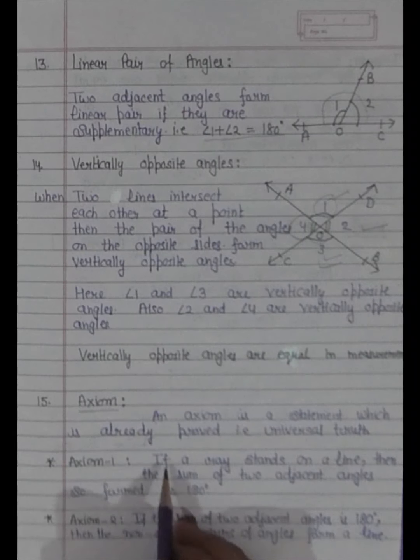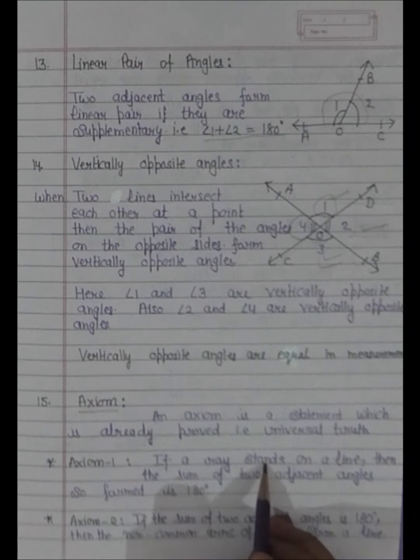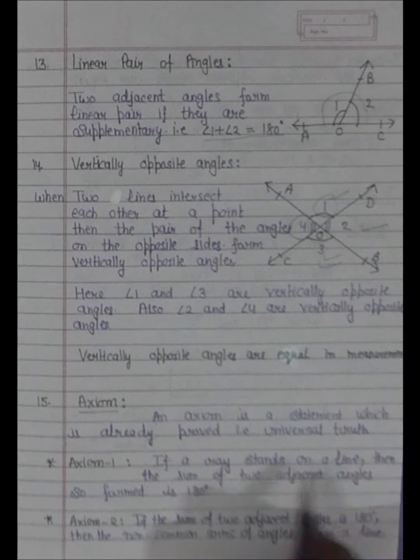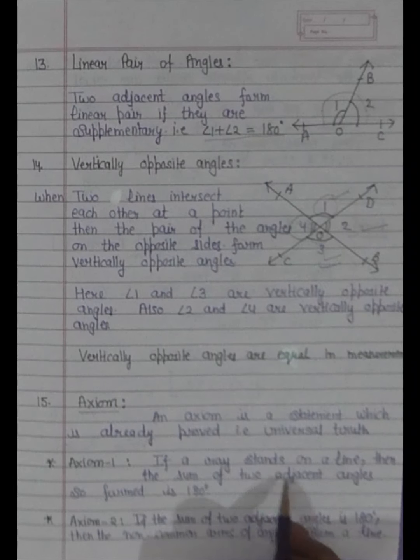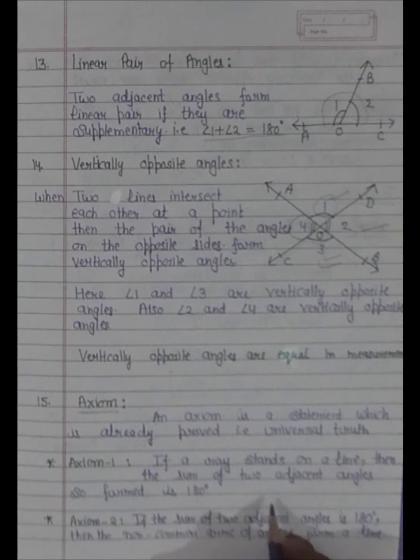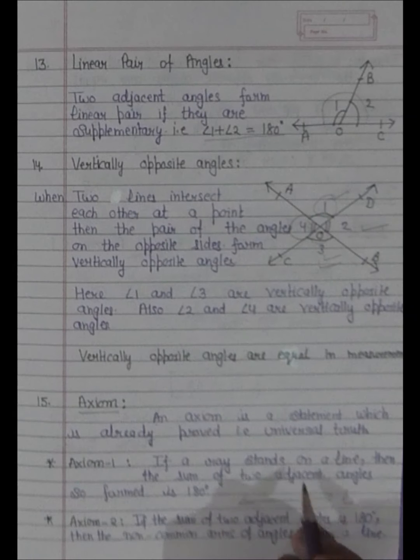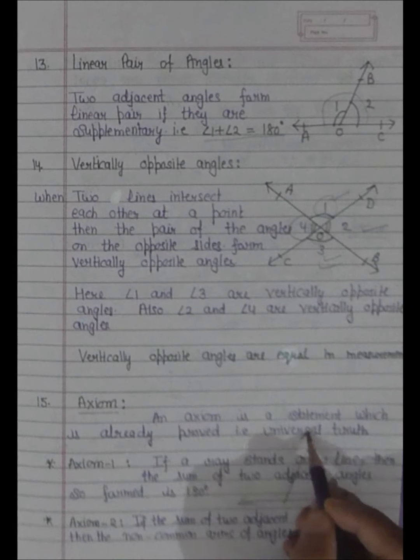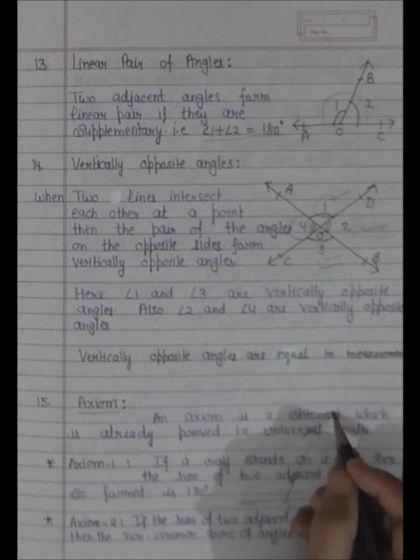Axiom 1. If a ray stands on a line, then the sum of the two adjacent angles so formed is 180 degrees. Let us consider L is a line and OA is a ray.